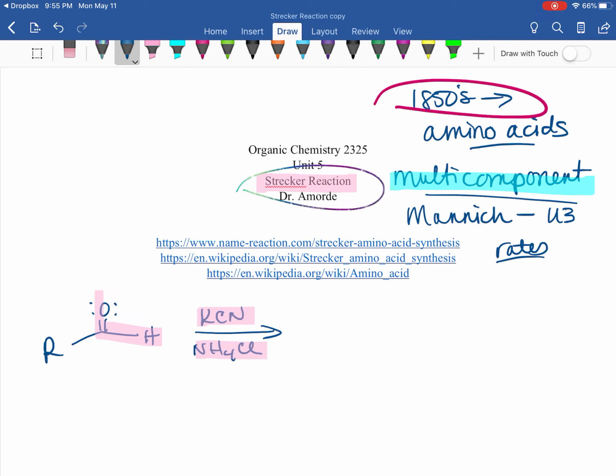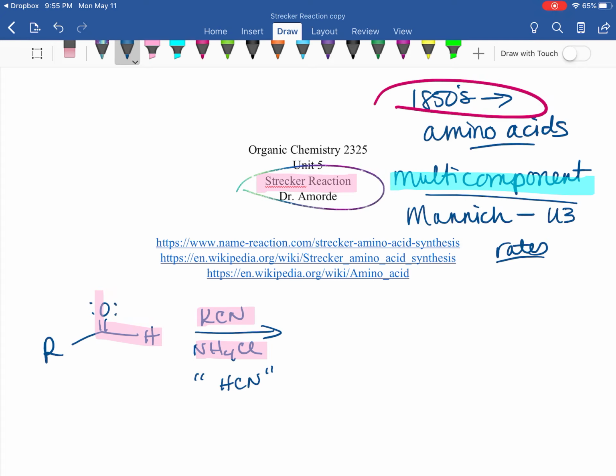So if we were to look at our KCN, our ammonium chloride, and an aldehyde, what is going to happen first? Well, first things first, our cyanide actually is in acid. So I am going to also write HCN is going to be present.